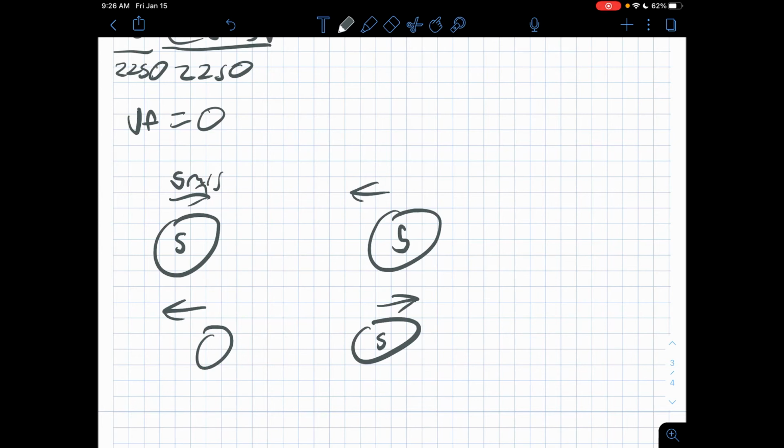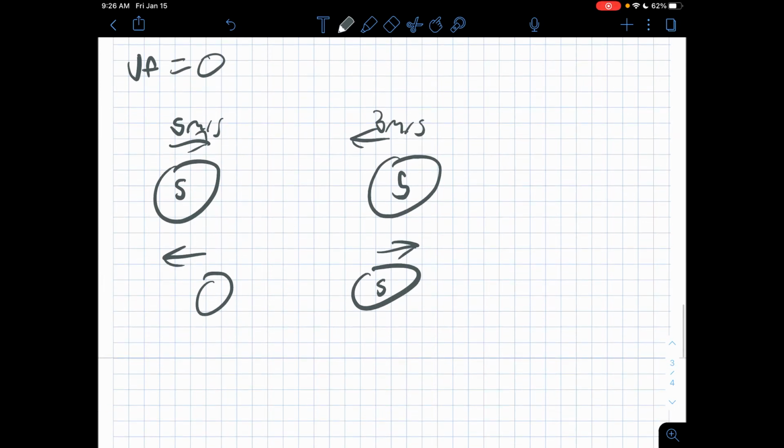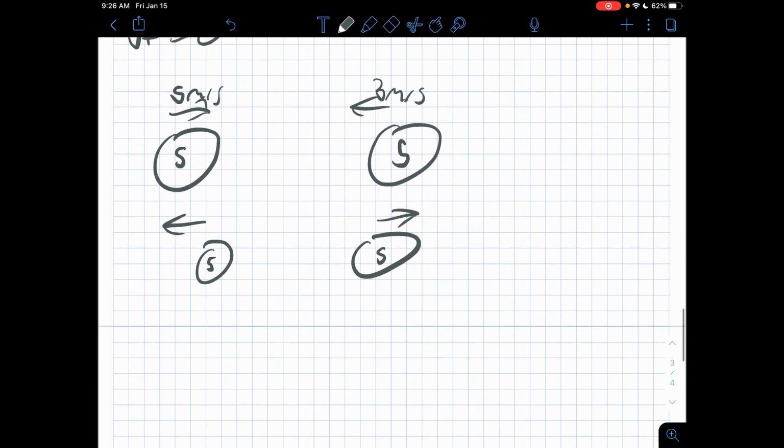Let's say the first one is going at a speed of 5 meters per second, and the second one is going at a speed of 3 meters per second. And the velocity of one of the balls after is 2 meters per second. So let's say this one is going at 2 meters per second after.